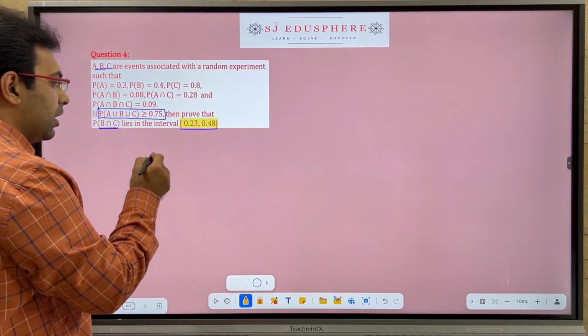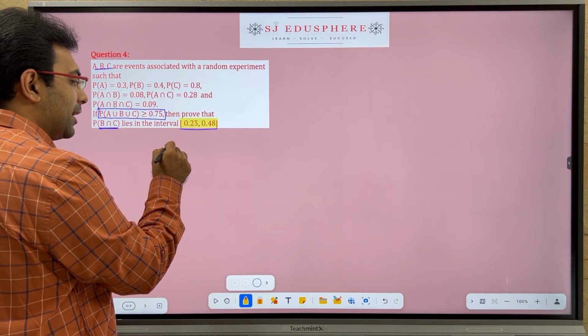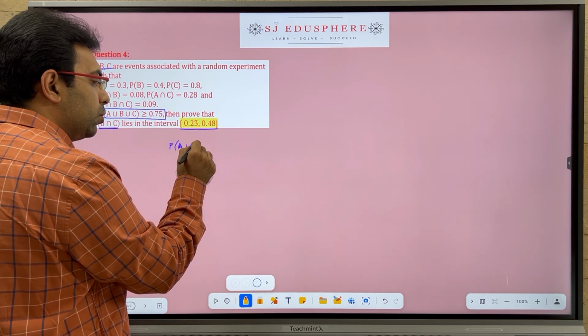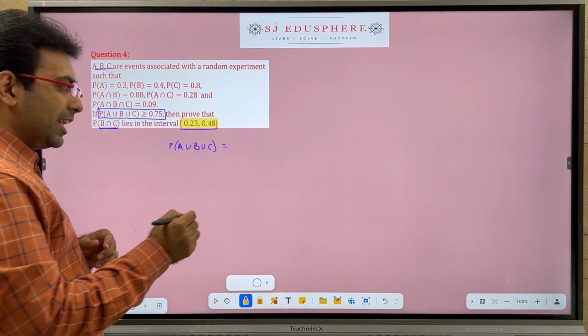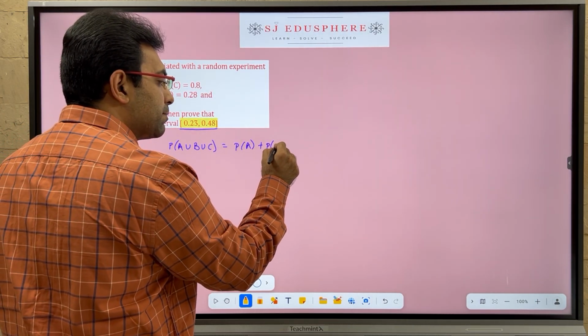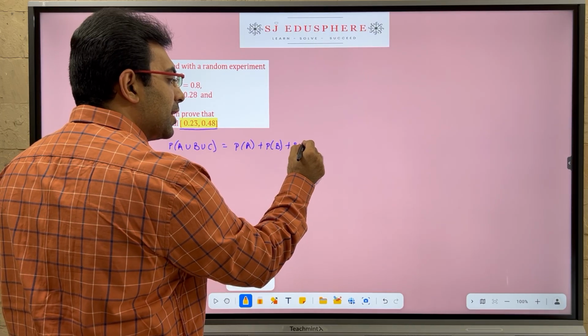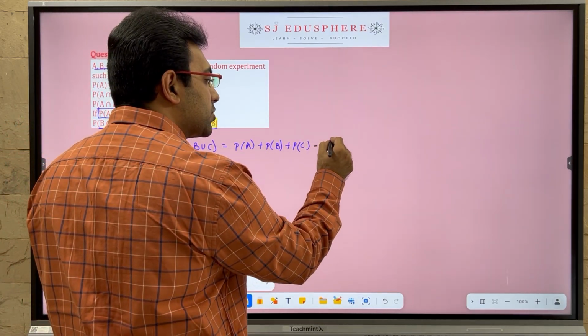Let us recall the formula which we did in our grade 11. That is probability A union B union C: you add the single probabilities, that is probability A plus probability B plus probability C. You subtract the intersection of two.